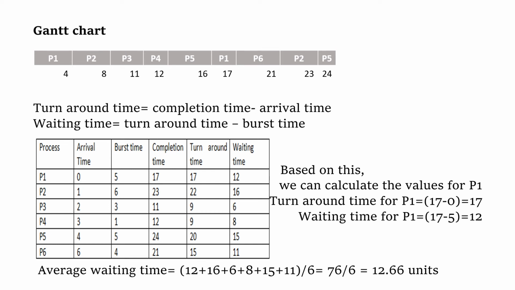For the remaining values, based on this example, we can calculate the values for the other processes also. Then we can calculate the average waiting time as 76 divided by 6, that is 12.66. These are the values that measure and are used to assess a particular algorithm.